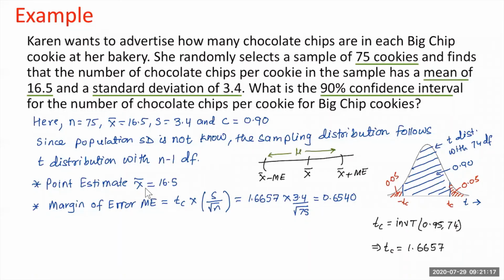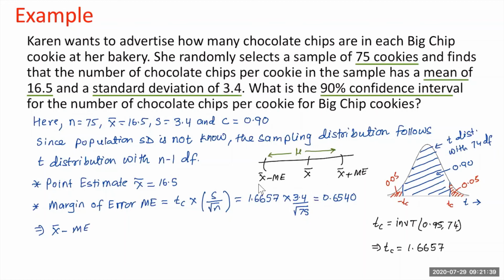Once we have the point estimate and margin of error, all we have to do is subtract the margin of error from the point estimate and add the margin of error to the point estimate to get the interval. So the mean minus the margin of error gives the left boundary.